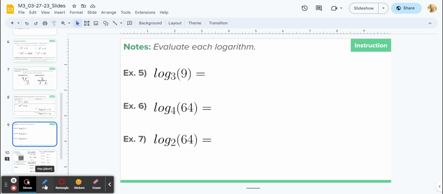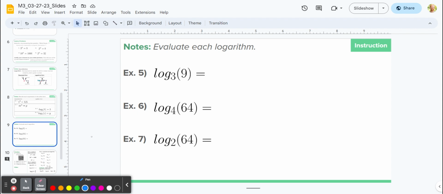So the other skill we want to practice today, outside of just jumping back and forth between exponential form and logarithmic form, is actually evaluating these logarithms. So figuring out what power we need to solve these logarithms. If we have log base 3 of 9, all right, we want to think about what power do I need to raise 3 to in order to get 9?